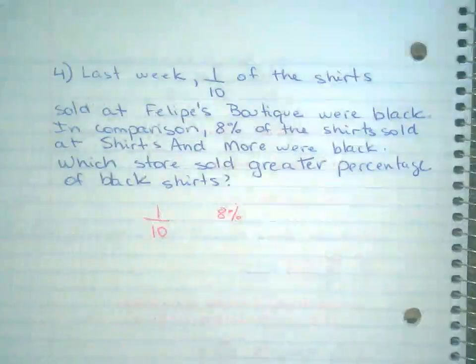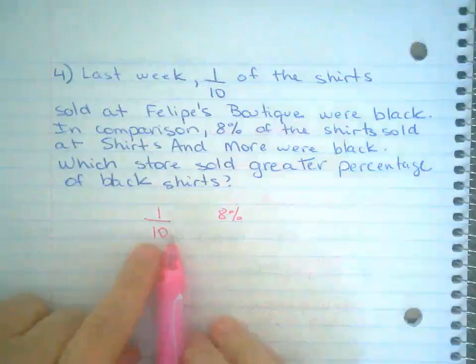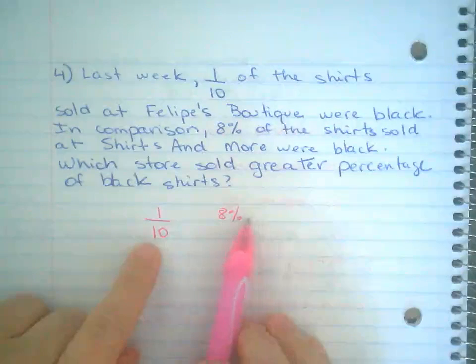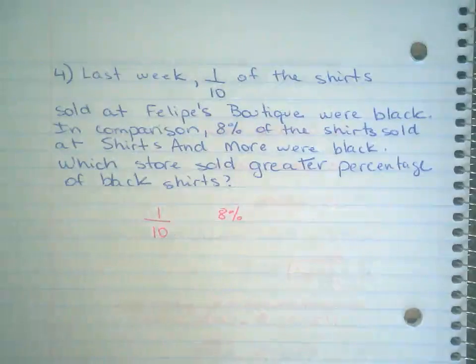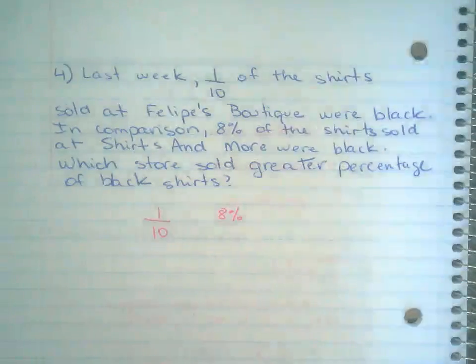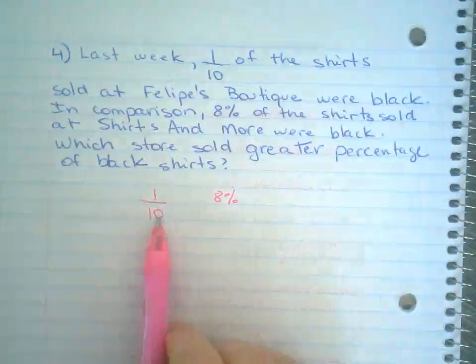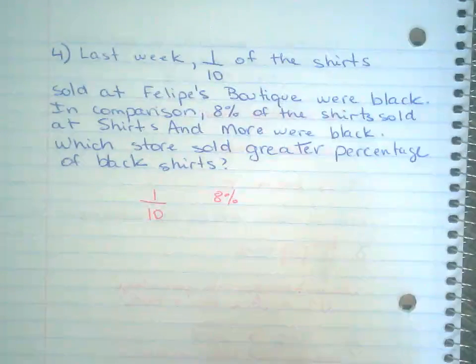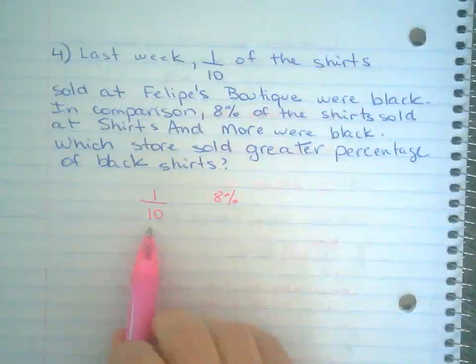It's the same idea that we worked on in the other examples. I can't compare a fraction to a percentage, so I'm going to have to change one of them. Since we've been changing both to a decimal, why don't we change this guy into a percentage? Just because. So we're going to change 1/10 into percentage.